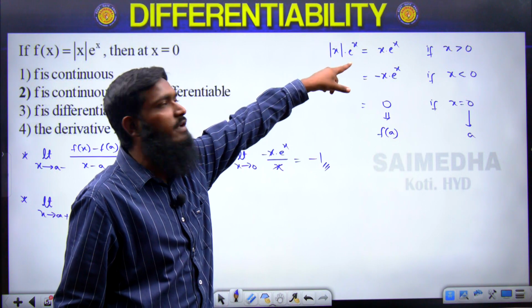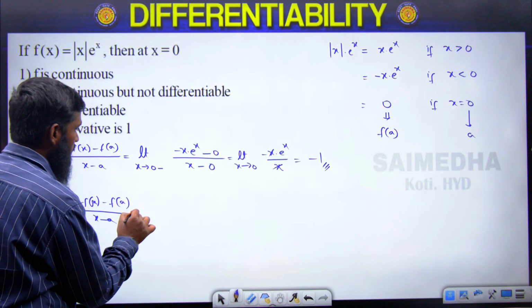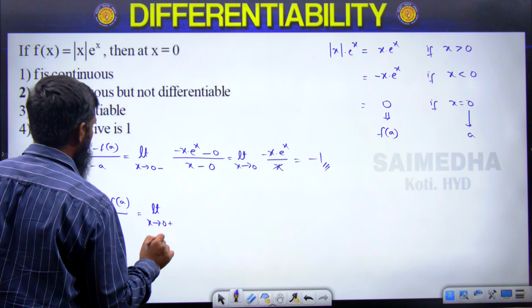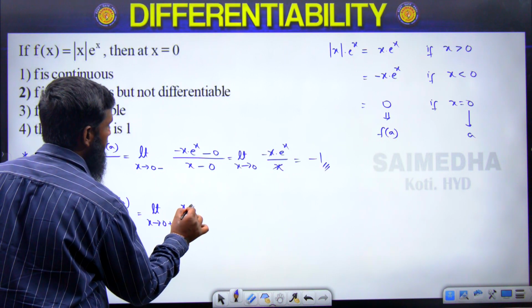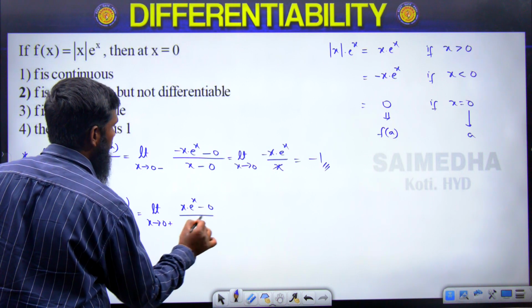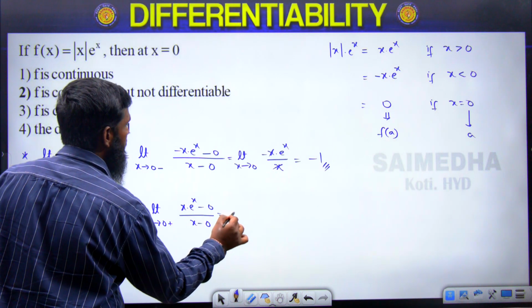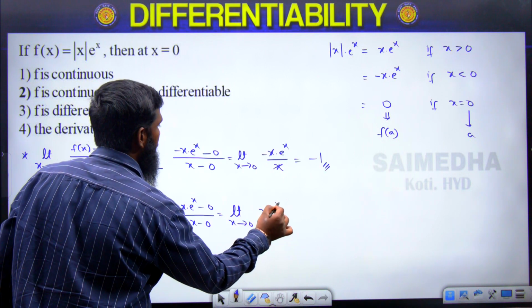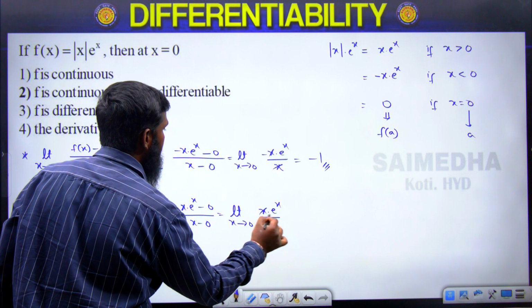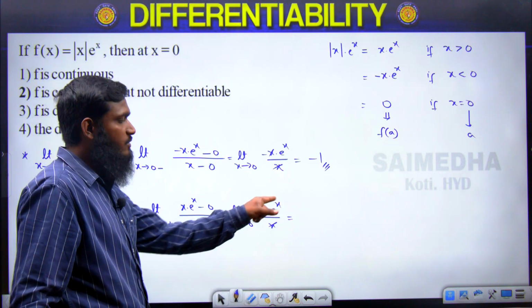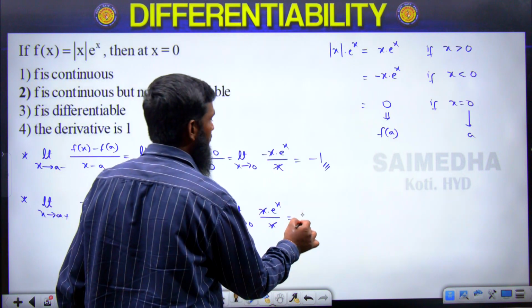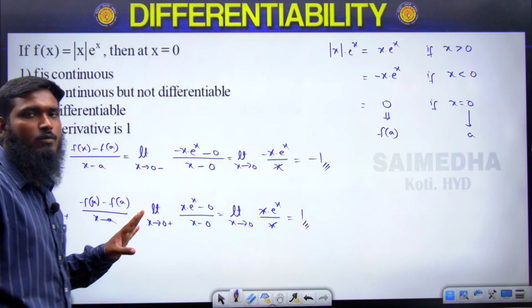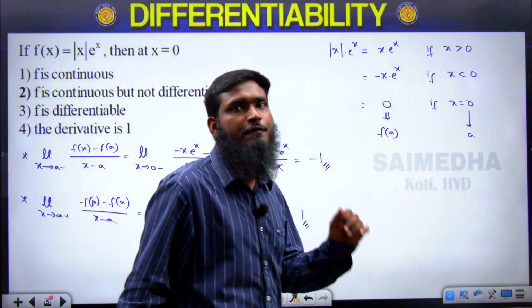For 0 plus we are having x into e power x, so it is equal to limit x tends to 0 plus of x into e power x minus 0 divided by x minus 0, which is limit x tends to 0 of x into e power x divided by x. x gets cancelled. If we substitute x value as 0, e power 0 will become 1. So after finding these two values, we came to know the function is not differentiable.